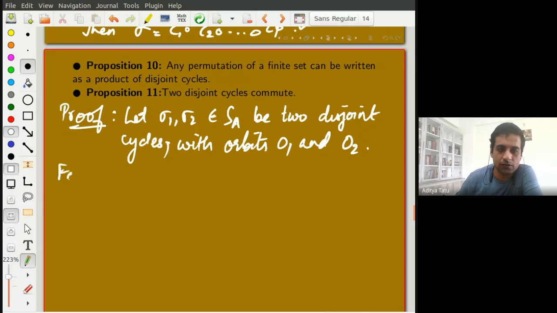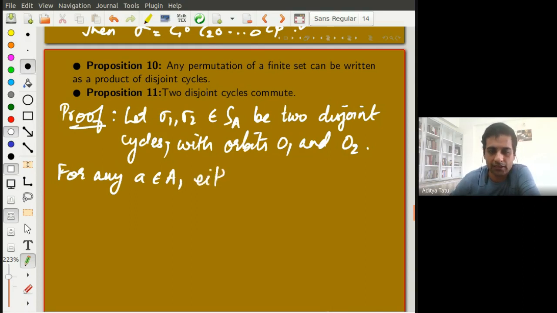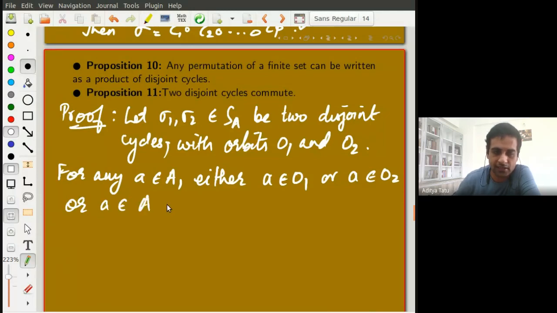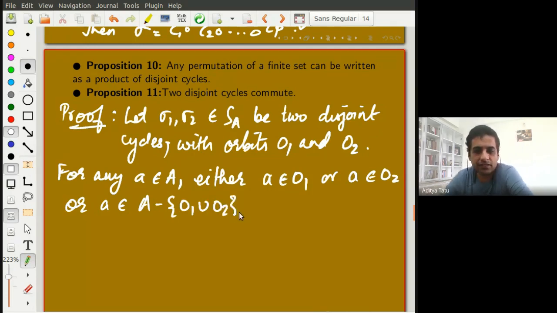So, for any element a in the set A, either a is in orbit O1, or a is in orbit O2, or a is in A minus O1 union O2.